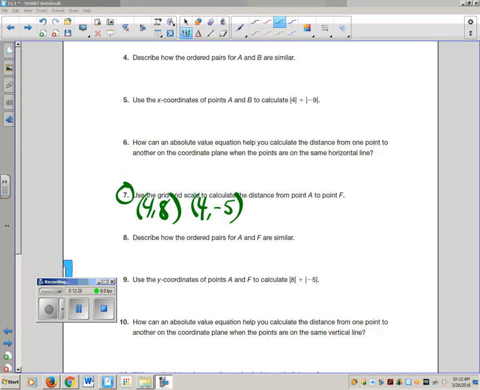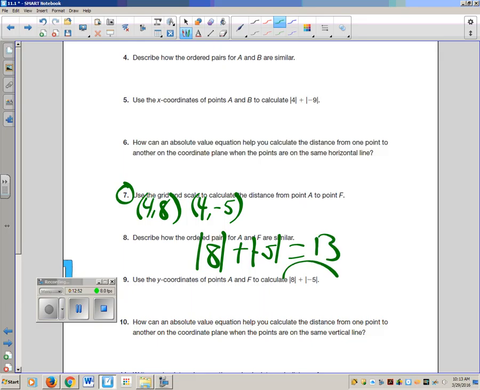So what's the first number, AJ? The first number would be 8. Let's put 8 plus, what's the second number, JoJo? -5. Put that in absolute value. Alex, what's the distance between the 2 points? 13. Good. And that's the way you write it.